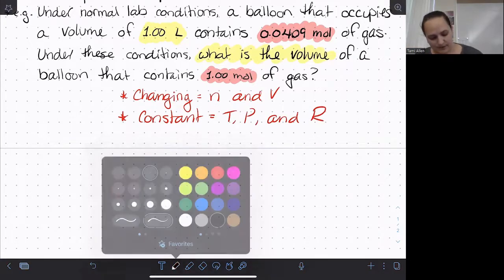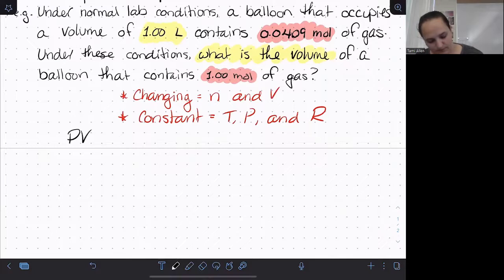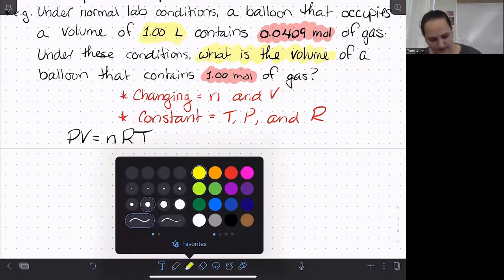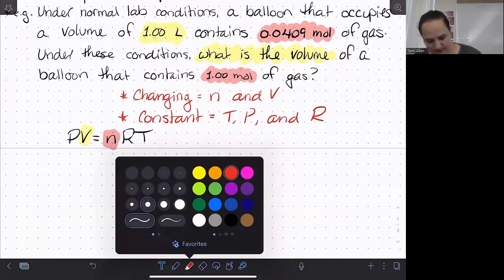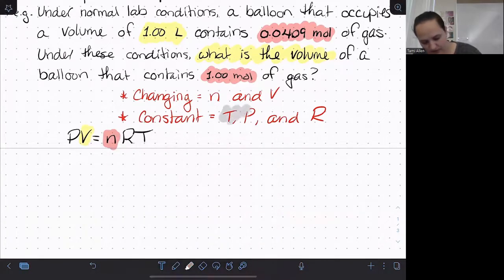So if we start from the ideal gas law, we are looking to get volume and moles onto the same side with our constants on the other side. Again, it doesn't matter which way you rearrange things, but we need to get V and N on the same side.